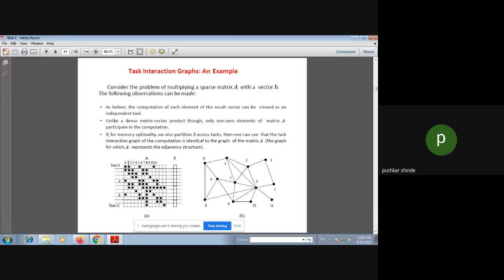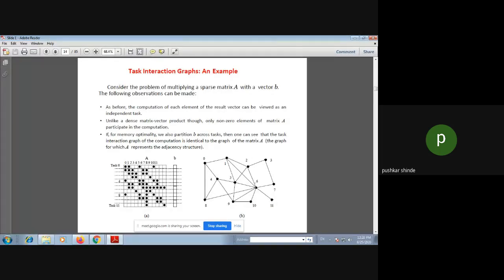Similarly, task 1 gives it to task 0, then to task 5 and task 6. So task 1 gives to 0, 5 and 6. This way you have links, or edges, in the task interaction graph, because the B vector is being communicated.